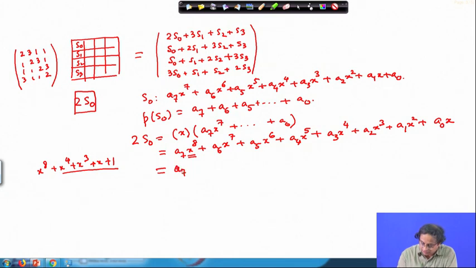We will start with A6 x to the power of 7, and this will affect only the 4th degree polynomial, the 3rd degree polynomial, and so on.